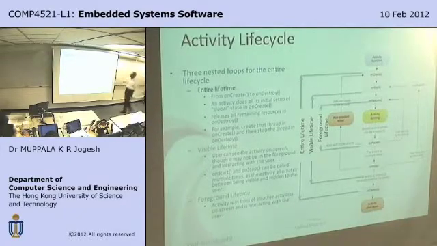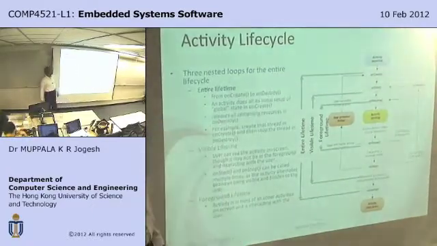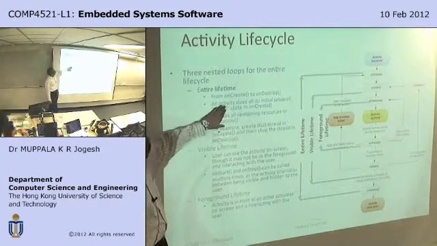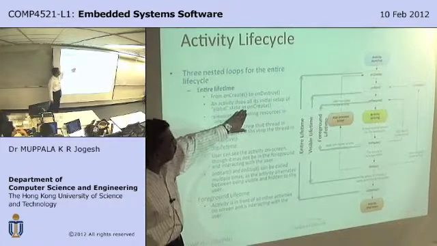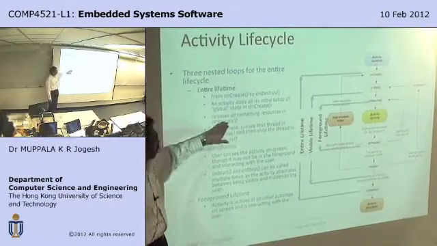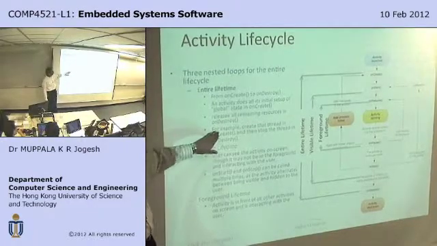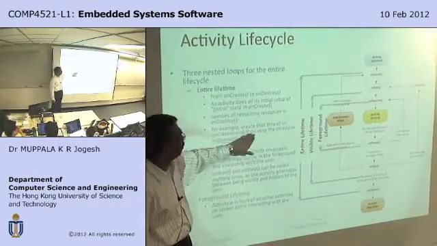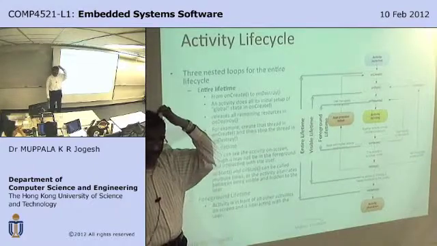So the entire lifetime, from onCreate to onDestroy, this is the entire lifetime. Okay? So in the onCreate, the activity sets up the global state, and it will release all the resources that it is holding in the onDestroy. For example, if it creates a thread in onCreate, then you have to stop the thread in onDestroy.